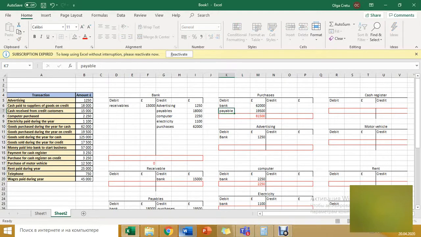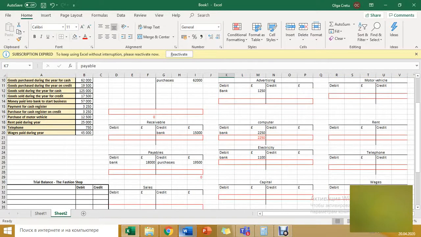Because these 19,500 are stock, but we purchased them on credit. The difference between this and this is that this one is purchased for cash and this is purchased on credit, right?